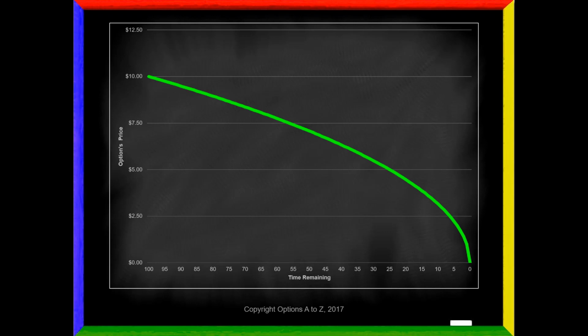And that means when 25% of the option's time remains, or in other words, 75% has passed, that option's price will be cut in half. So look down here, we've got a 100-day option, 25 days remaining. That's 25% of its time remaining. And right there, the option would be trading for $5, exactly half of its $10 starting point.